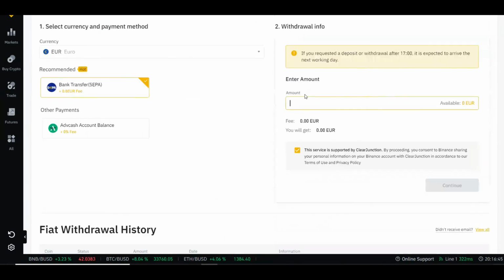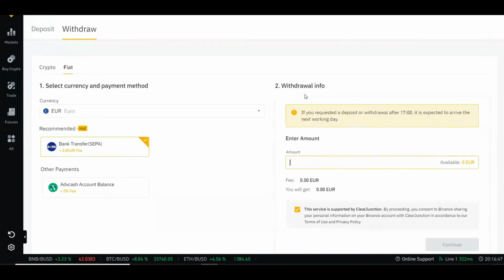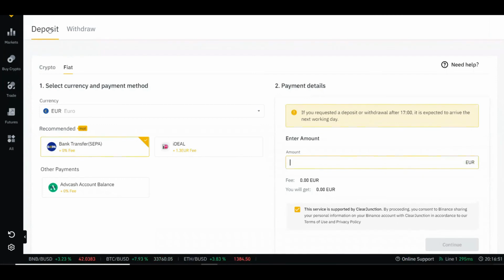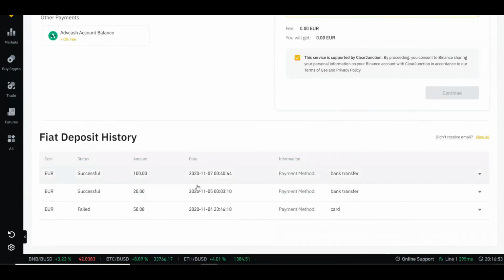Okay, this withdraw was okay. Let's take deposit. So these are the deposits that I did on the platform.